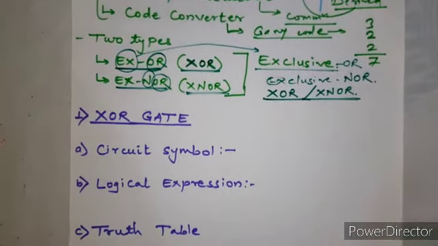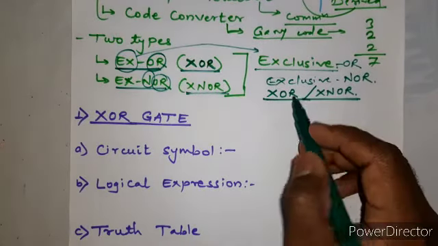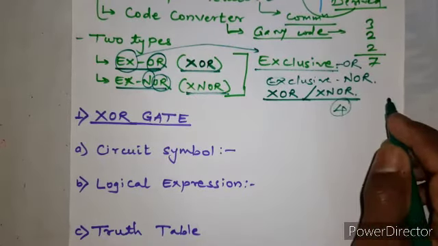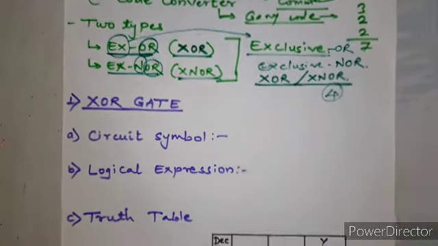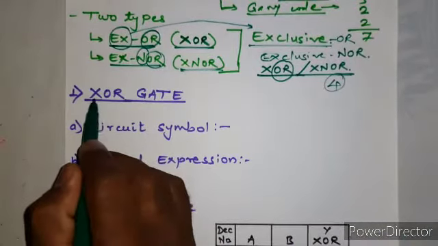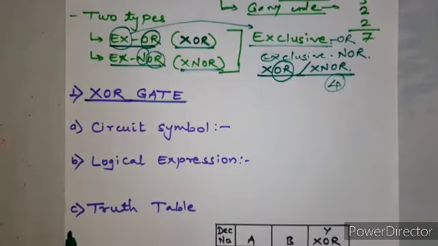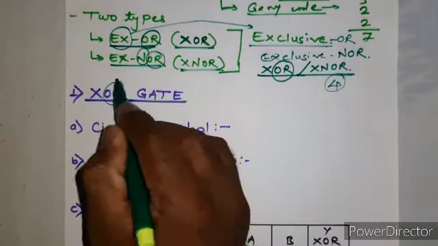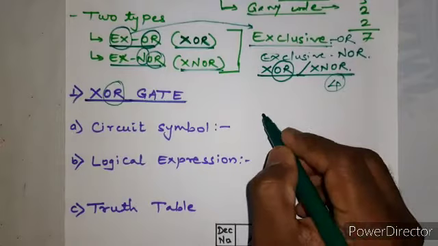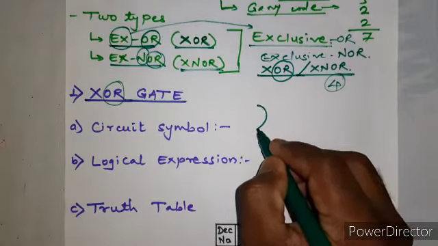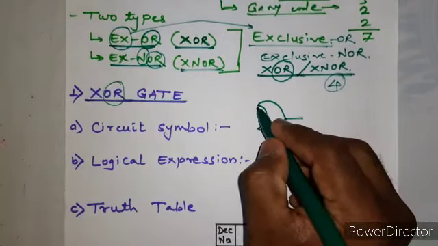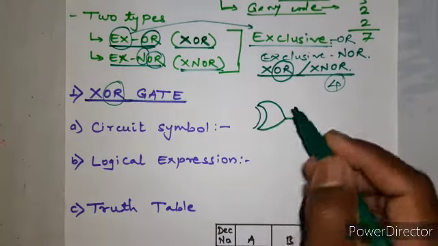In microcontrollers and microprocessors you will also find applications of these gates. Let us study these gates one by one with our 4 basic points. First the circuit symbol. We'll study the XOR gate first. Since this gate has OR, the OR gate is reflected here, with a different symbol: the OR gate symbol and a very small curve or arc.